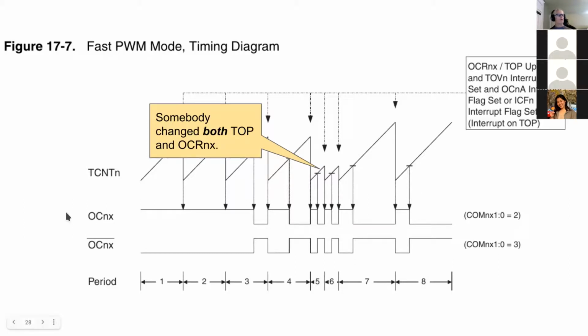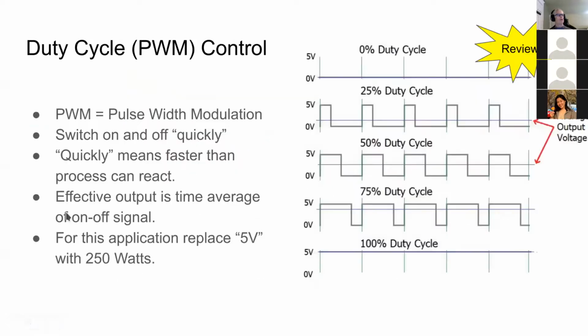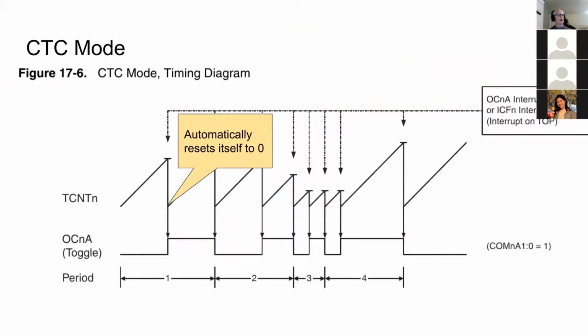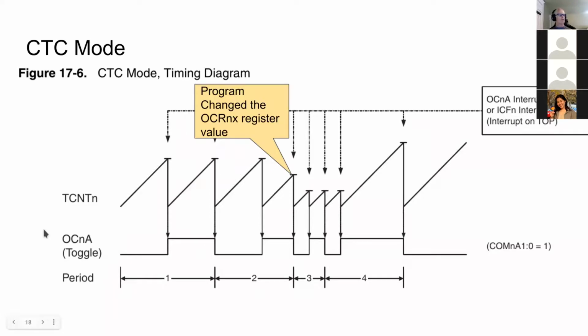And by the way, let me just say one more thing. If we're back in this CTC mode with toggle, we do have a duty cycle. Any square wave has a duty cycle, and it's just always 50%. If we're driving a speaker just to generate a tone, this is fine. We don't need to do PWM, but we might need it for some other application.